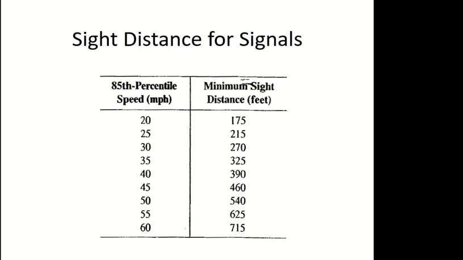And these are the sight distance requirements for traffic signals, and they depend upon the 85th percentile speed. You can see that as the speed increases, we need more sight distance because it will take more time for us to stop if our speed is higher.